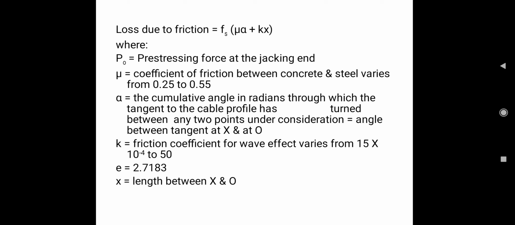Alpha is the angle in radians through which the tangent to the cable profile has turned between any 2 points under consideration, and K is the frictional coefficient of wave effect, varies from 15 into 10 to the power of minus 4 to 50, and e is 2.7, and X is the length between the 0 chain edge and the X chain edge.